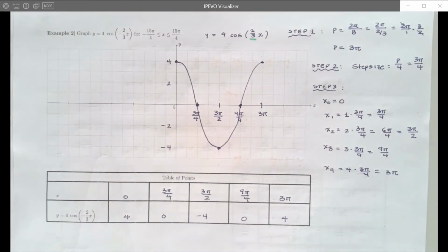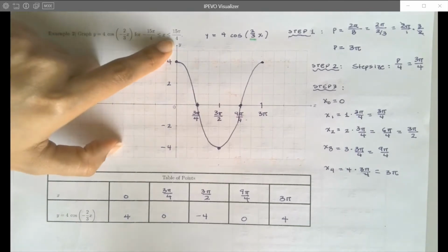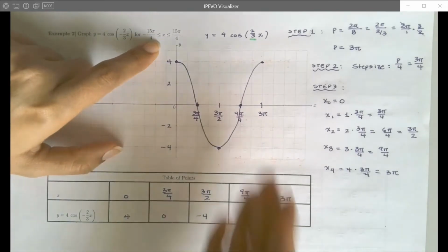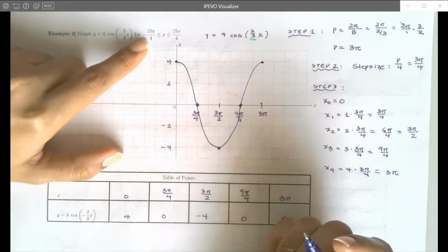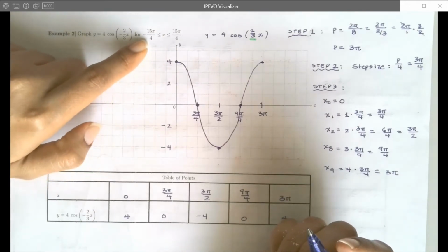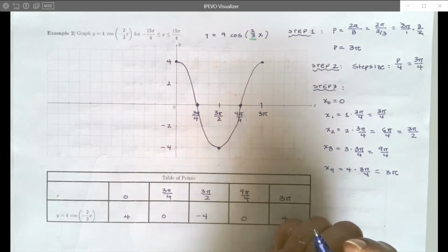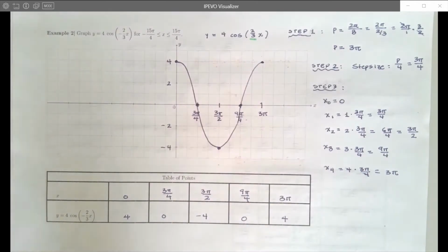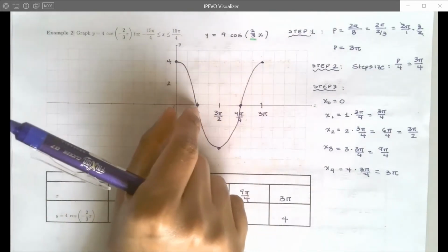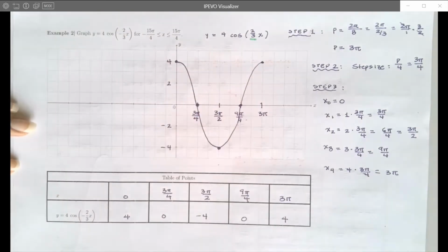Alright. Now this is supposed to extend all the way to 15π/4 in the positive direction and to -15π/4 in the negative direction. So we have to figure out where those are. Let's see if we can figure it out. Well, we said the size of the interval in between is 3π/4.